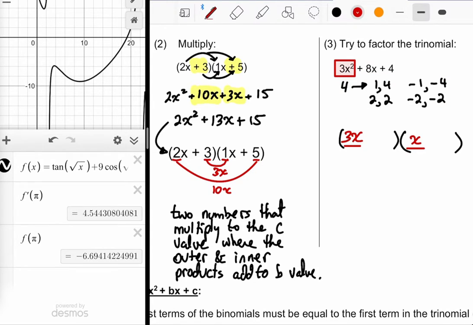All right. So now I'm going to just start placing values with the idea being that my outer and inner products need to add to whatever the middle number is. So these 2 values multiplied plus these 2 values multiplied need to add to whatever the middle number is.